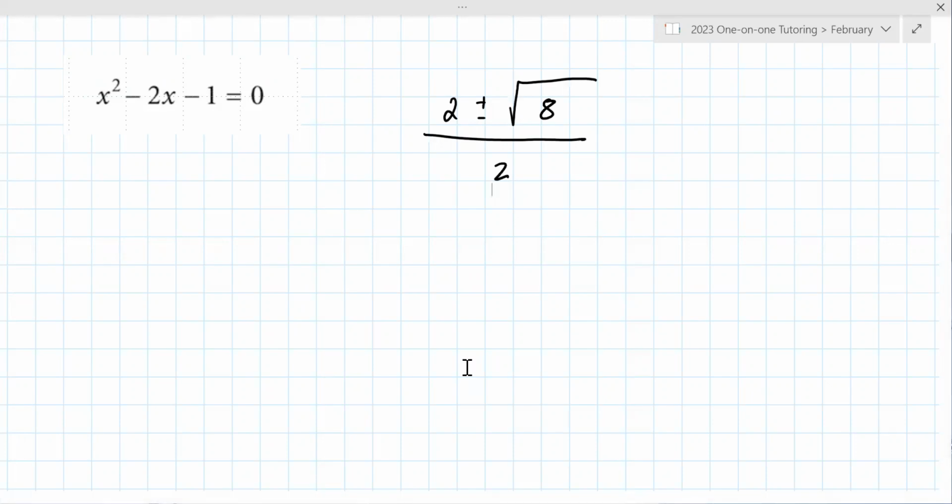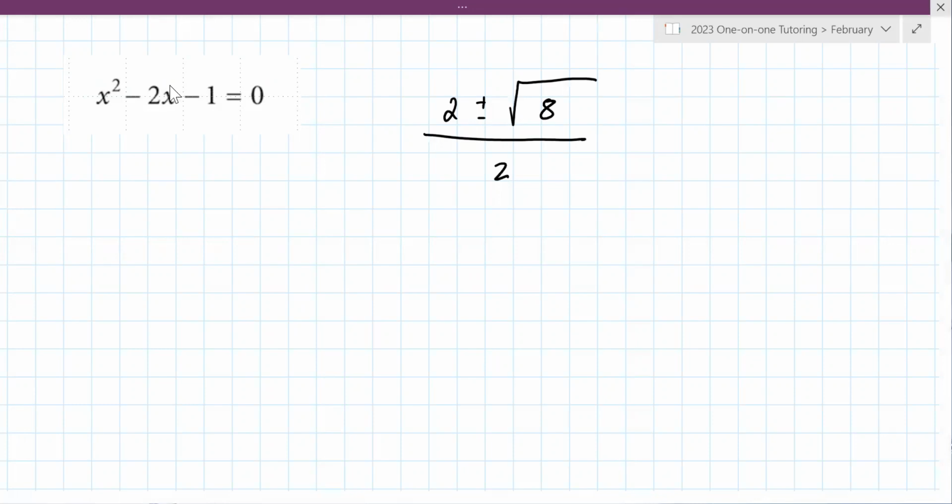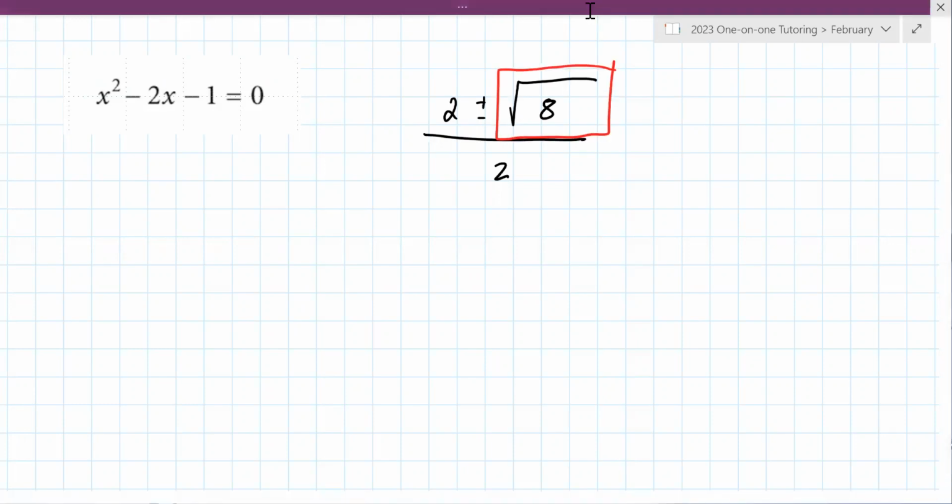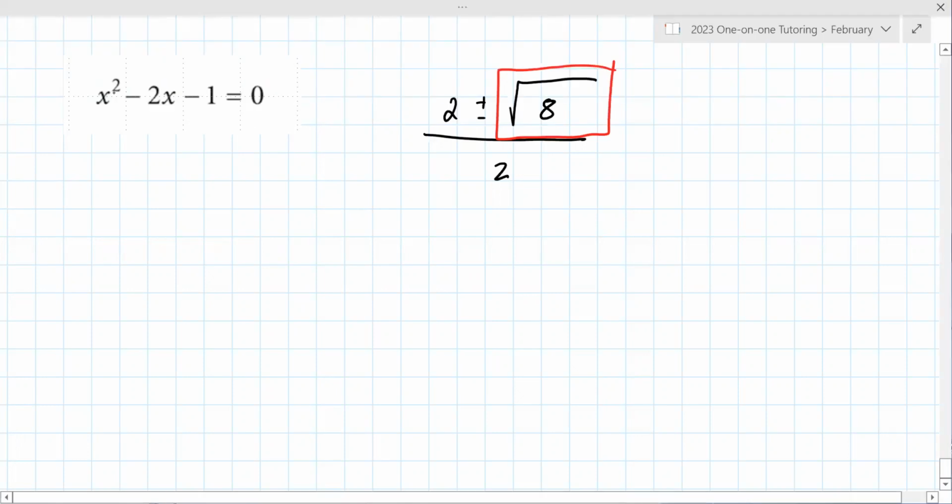Can you add it to the other two? Just for the moment, just focus on this, and then I'll show you what to do from here. What does that reduce to?